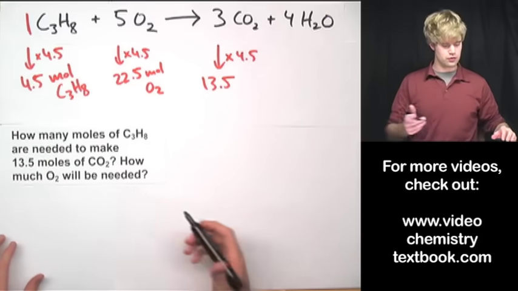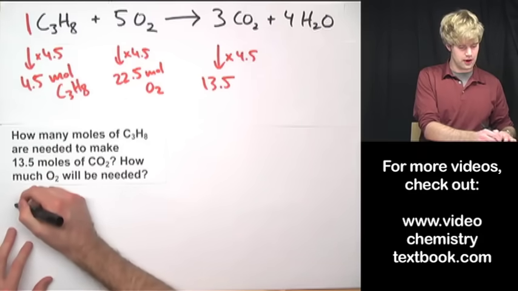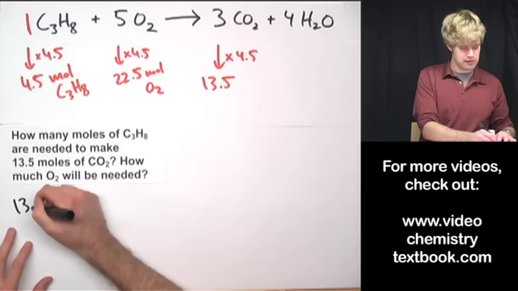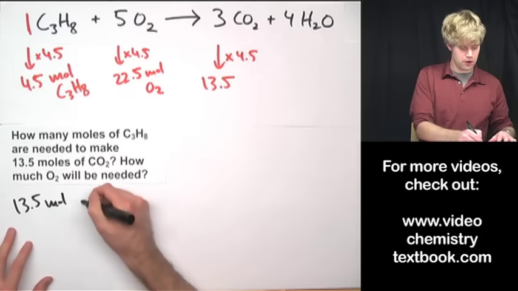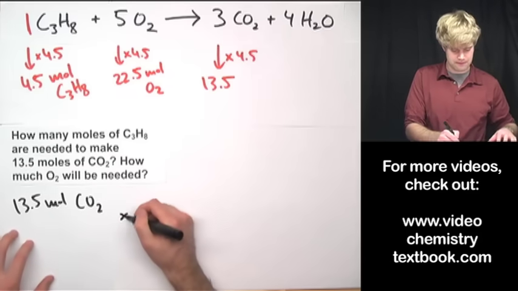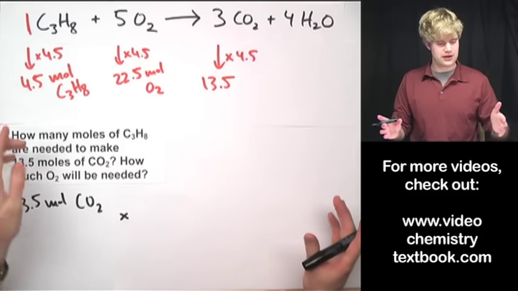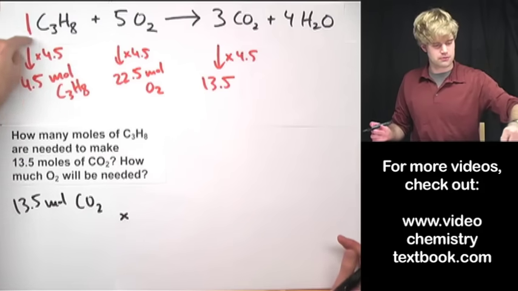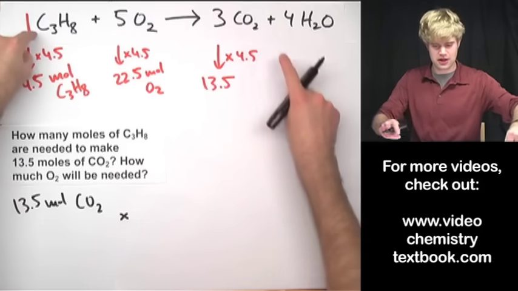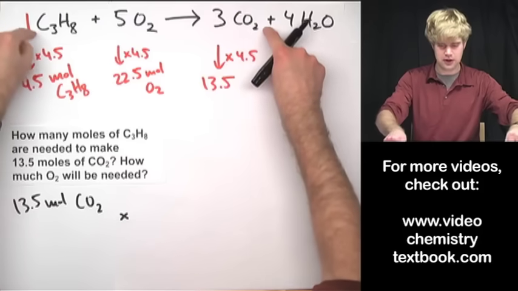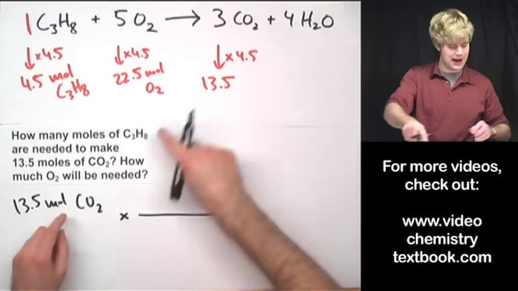Let me just show you these really quickly. I'll start with 13.5 moles of CO2 times a conversion factor that talks about the relationship between propane, C3H8, and CO2 here. CO2 is going to be on the bottom so that it cancels out.